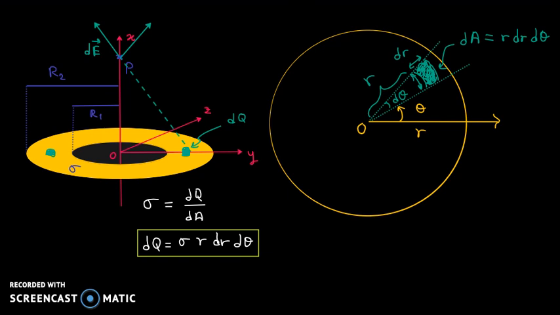Now, if you think about it, for any arbitrary point charge dq that you select on the disk, there's going to be another one on the opposite side at the same distance that will cancel out either the y or the z components, or both the y and z components, and only the x components will survive.